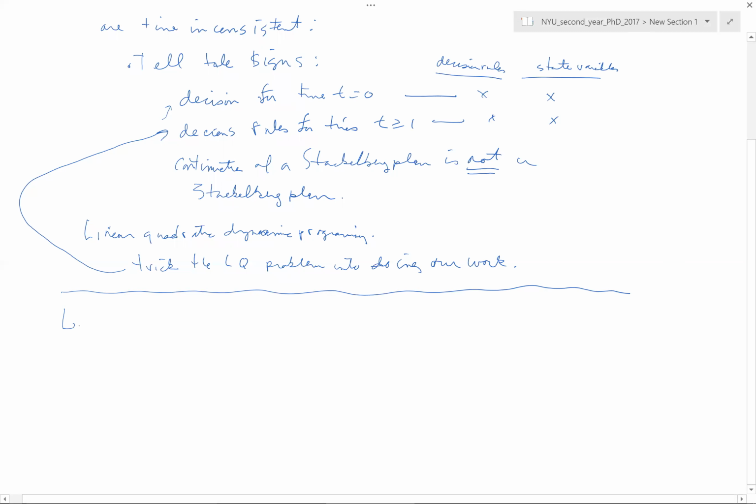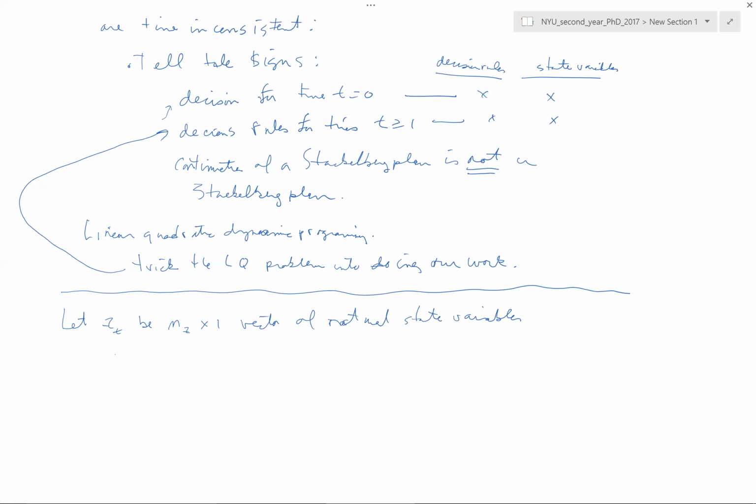We're going to let z_t be an n_z by 1 vector of natural state variables. These are variables that, like capital stocks, summarize information available to agents, and so on.